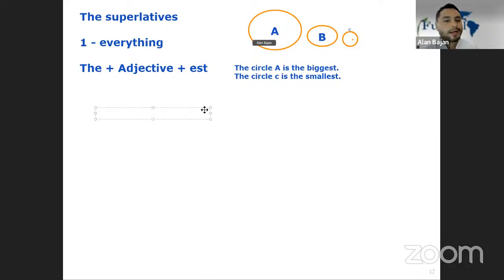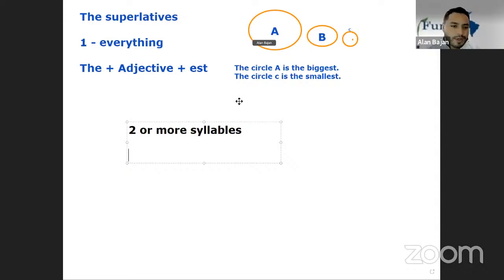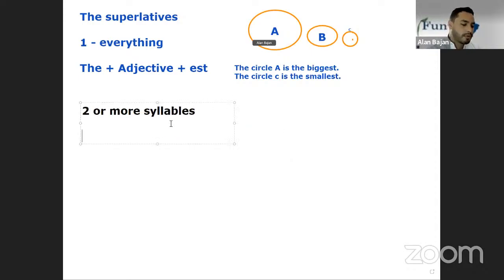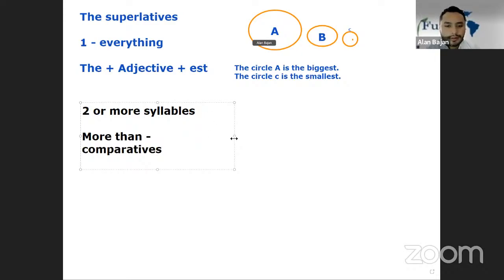Now that we learned what a superlative and a comparative are, we will see that there are some adjectives with two or more syllables. For this kind of adjective, we have a special rule when we add more than for comparatives and the most for superlatives.